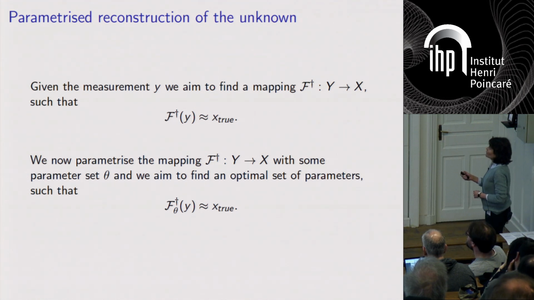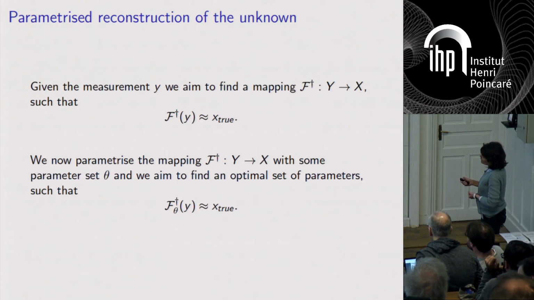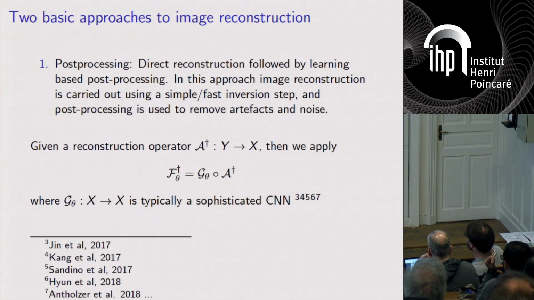But for now, this is some map that takes the data into something that is hopefully close to the true solution, and this map can be parametrized by some kind of parameters, and now of course you can learn these parameters. This is something, for example, that Ozan and Christoph have been doing before.